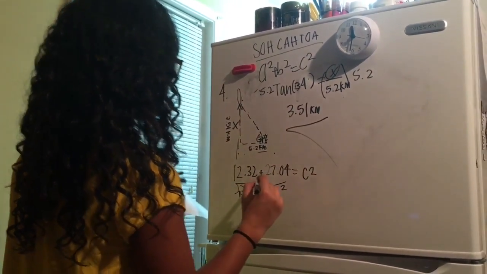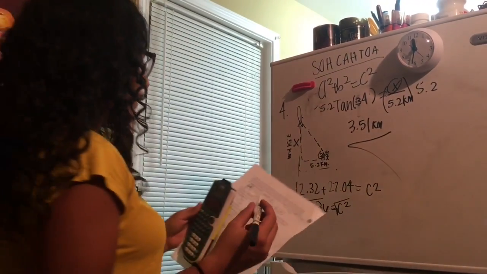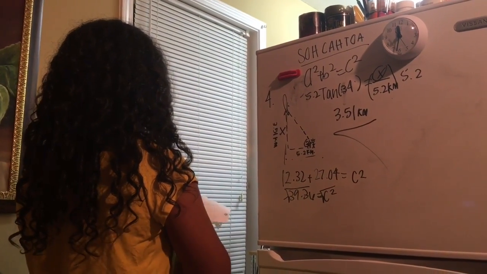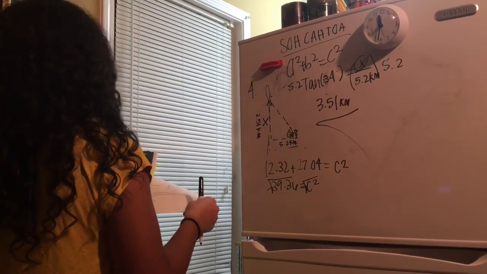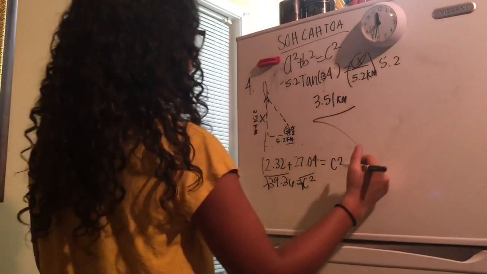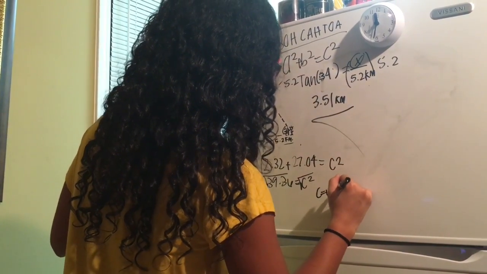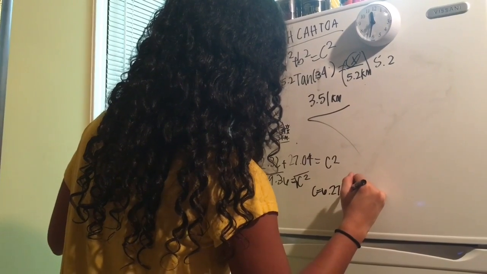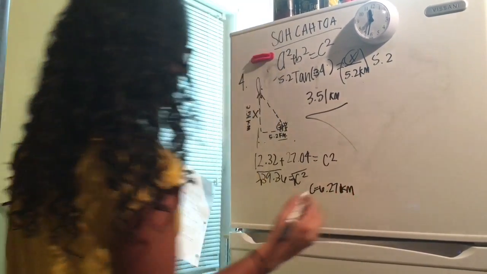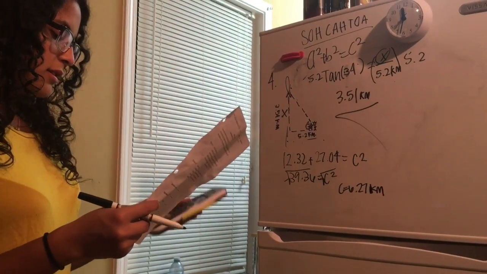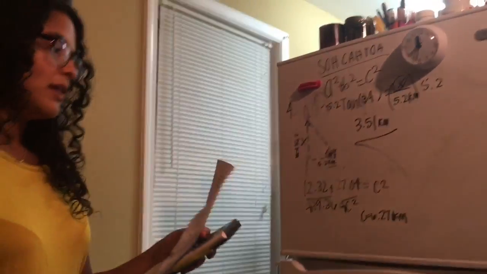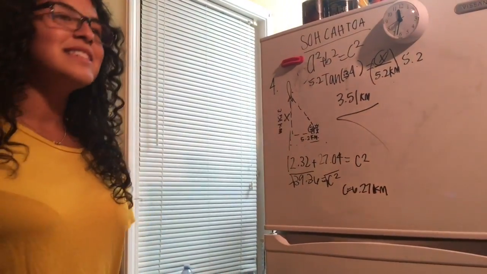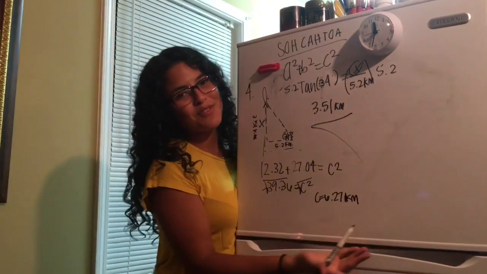But you have to find the square root because basic algebra. It's a math class. So when you find the square root, you should get 6.27 kilometers. Is that what you got? No, but that makes so much more sense. So this is number 4.